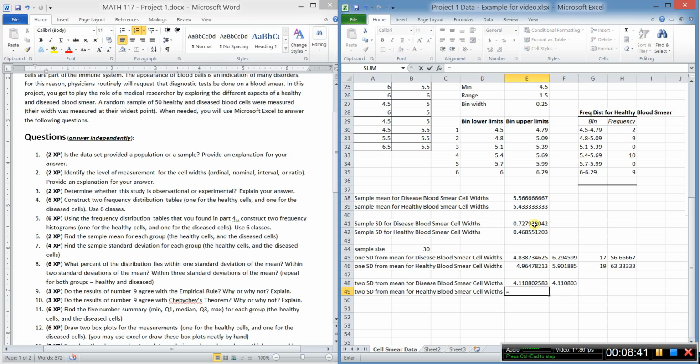Okay, same thing here. So here's the mean, subtract off, oops, here this should have been added. So plus, right, the lower and then the upper. So this one should be the mean minus 2 times the standard deviation for the healthy, and this one would be the mean plus 2 standard deviations.